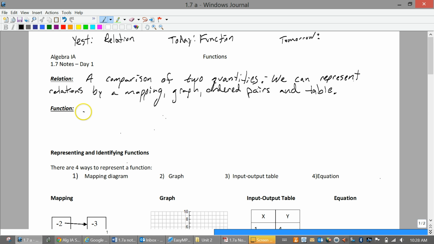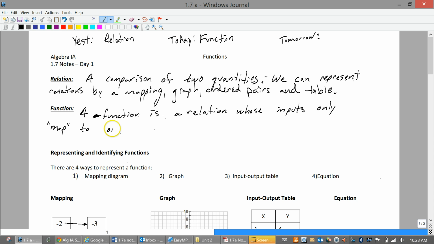We're going to say a function is a relation whose inputs only map to one output. Each input gives only one output.